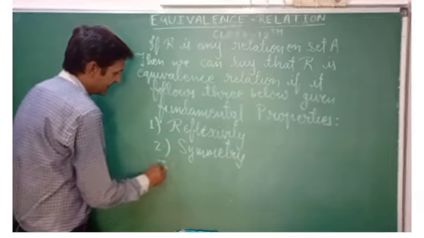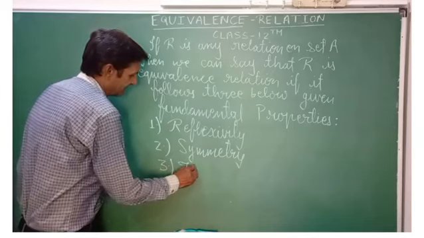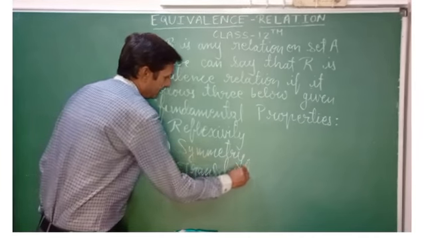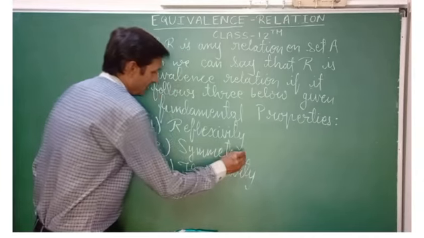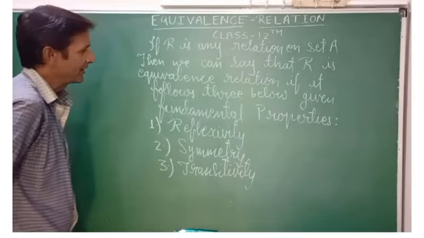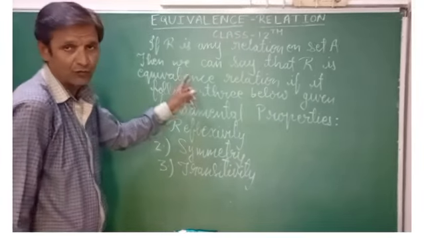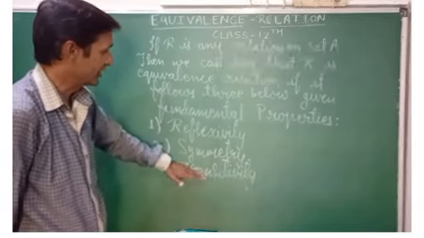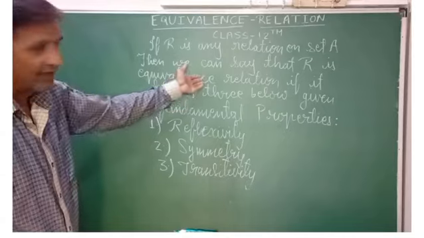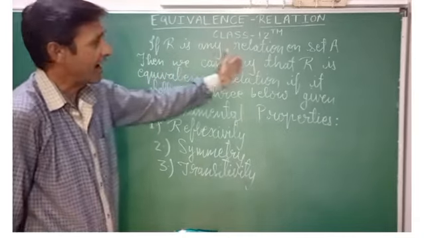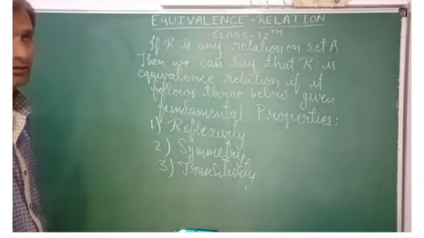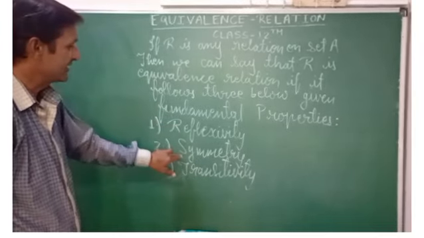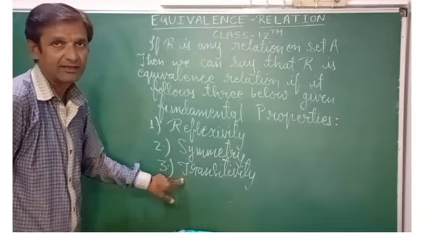And third is transitivity. These three properties it should follow, and after following these three properties, we can say that relation R is an equivalence relation. So let me describe this reflexivity, symmetry and transitivity further.